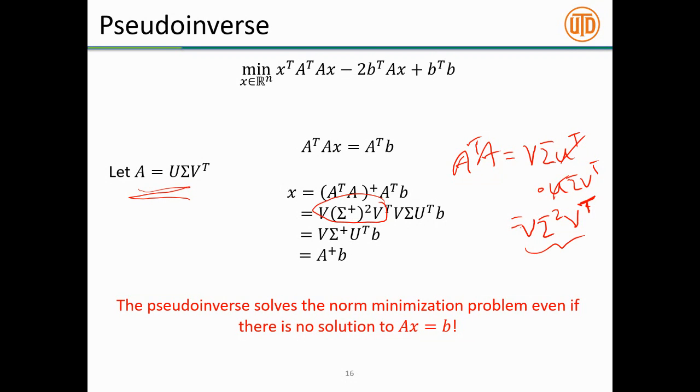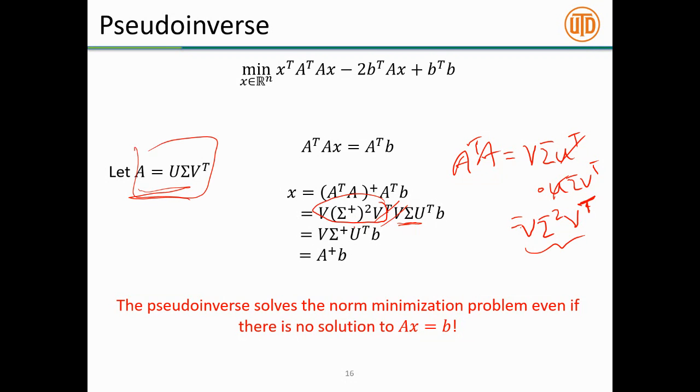Then A transpose is just equal to V sigma U transpose. So all I did was use the singular value decomposition and the definition of the pseudo inverse here to construct the second line. Now again we've got V transpose V, so that's the identity matrix. So those cancel out. I'm left with V times sigma plus squared times sigma times U transpose.